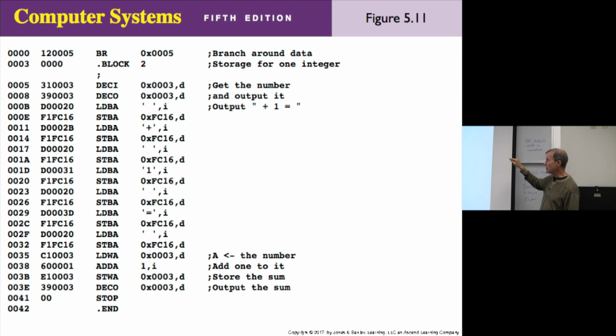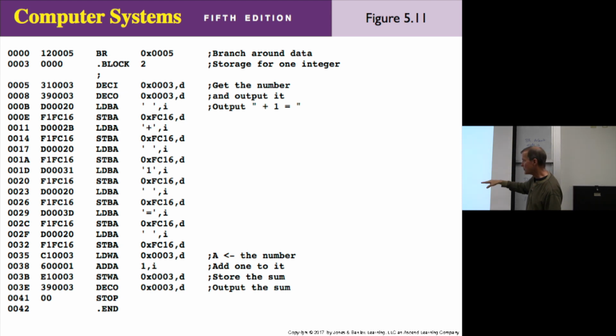And then it prints it out. And now the next whole long list of things is what? It's load byte accumulator, plus, space, 1, space, equals, space. And then what? Print out.